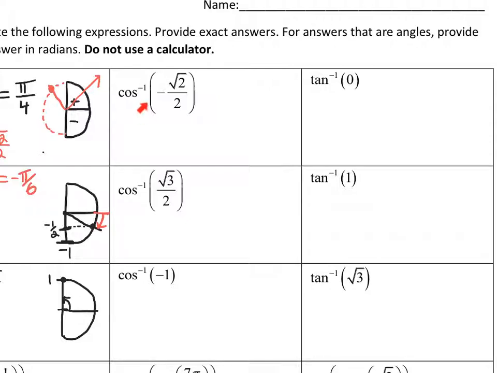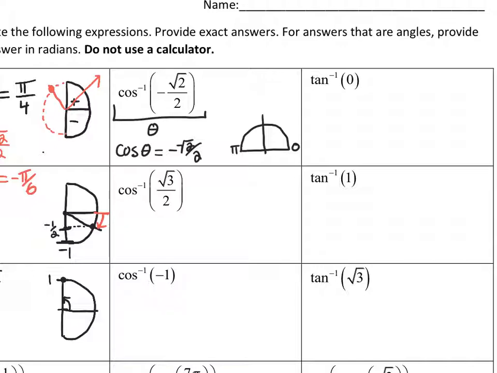So the inverse cosine is asking you for an angle. When I see this, it is saying find me an angle theta where the cosine of that angle theta is negative root 2 over 2. But again, we're restricted to where we can look. We can only look in the first and second quadrants, between 0 and pi.